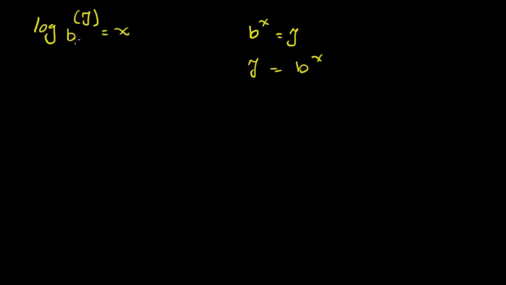The same is here, except the reverse operation. We are asking how many times b is multiplied by itself to give us y. So this one is in fact exponent, but we are calculating for this one, saying how many times b is multiplied by itself and gives us y.